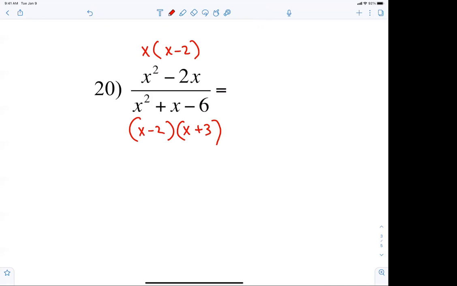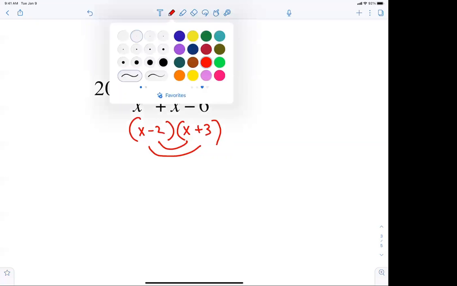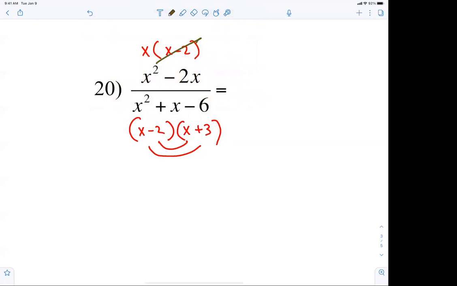Then, of course, I'm checking negative 2x and positive 3x. That's your positive x. You good with that? And now we just cross out x minus 2, x minus 2, x over x plus 3. Anybody have any problems?